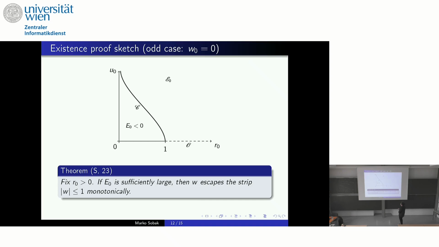I mean, if you think what we're trying to say here is that if we choose the initial velocity of W large enough, then W will escape the strip monotonically, which somehow seems intuitive, but the problem is that we have the coupling to the other variables, and this coupling really messes things up.